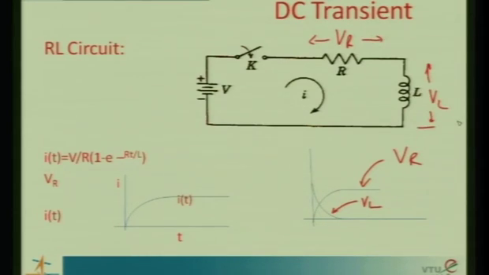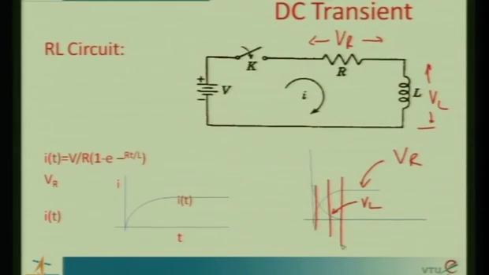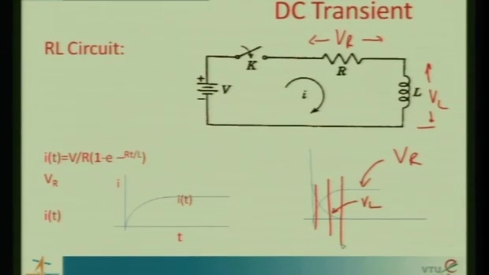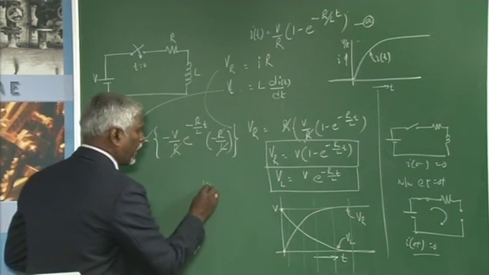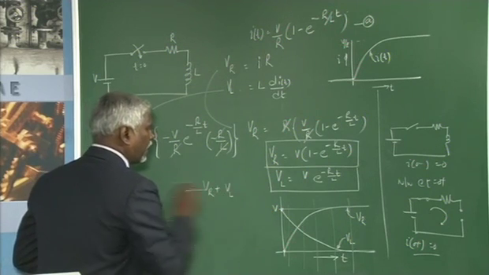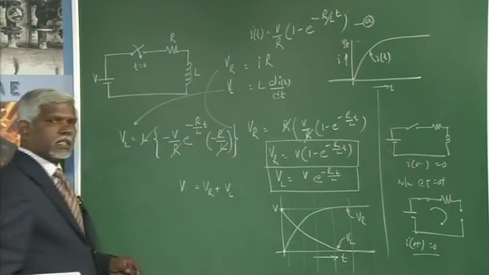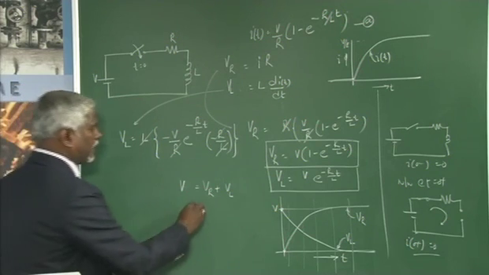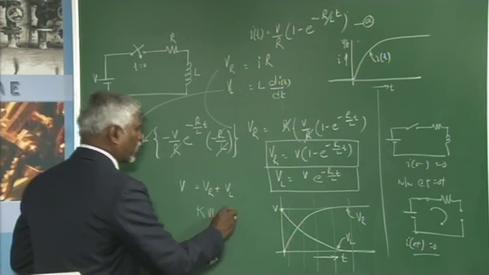What information does this give? The sum of voltages at any point of time, means at any instant of time here, VR plus VL is equal to the supply voltage, means KVL is proved.